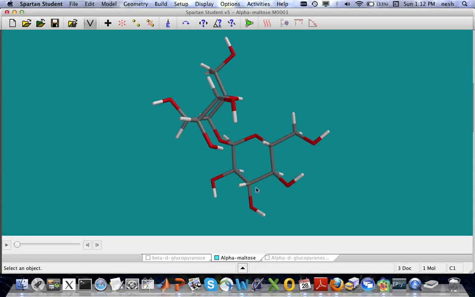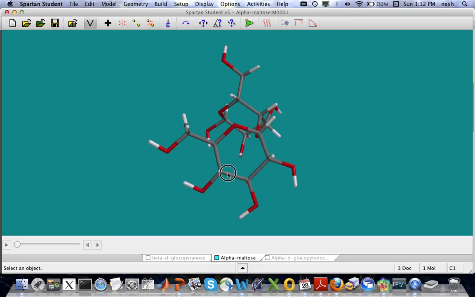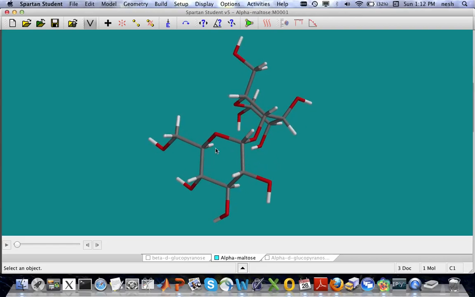And I'm noticing there's a six-membered ring, there's the oxygen, there is a CH2OH coming off it, so I'm going to orient that in this way so that I have the oxygen on the left, the CH2OH on the right, and that means that this is the C1 carbon right here, which moreover means that this is the glycosidic bond right there. That's this part right here that goes to the next monomer.